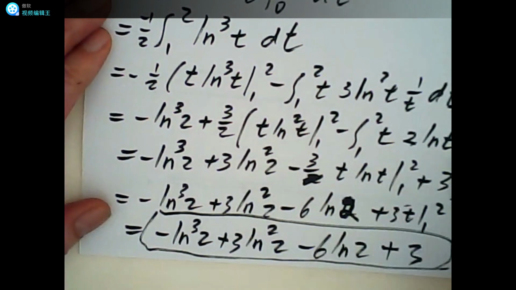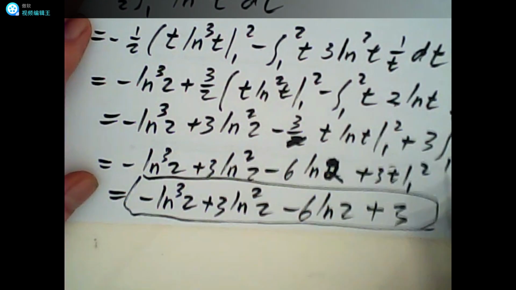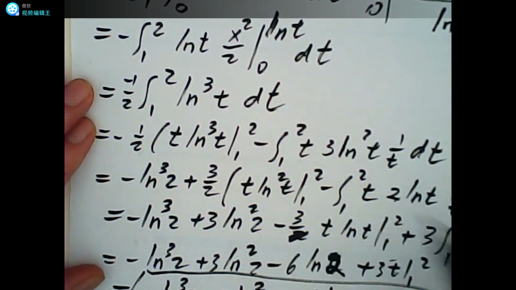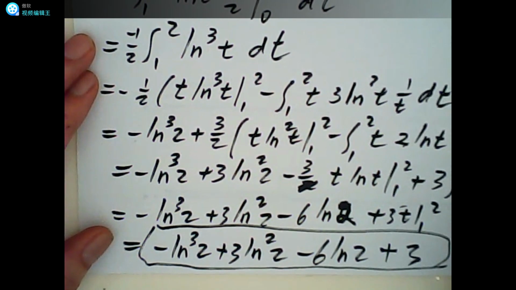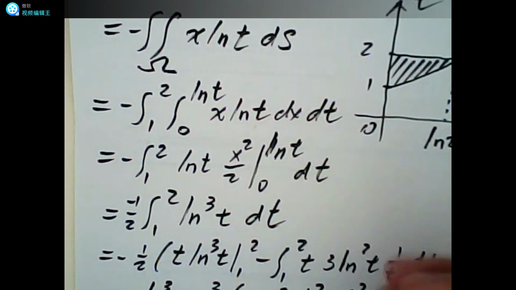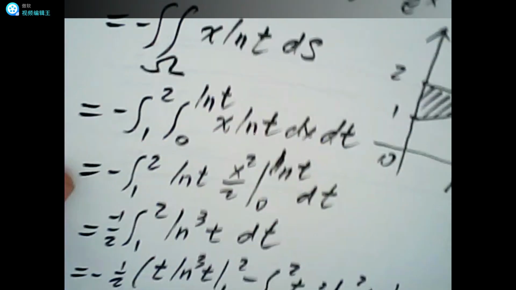Sorry, there are lots of details in here. I think I did it correctly, but it just repeatedly uses by parts, several times. This is a nice way of doing it by double integral. Okay.